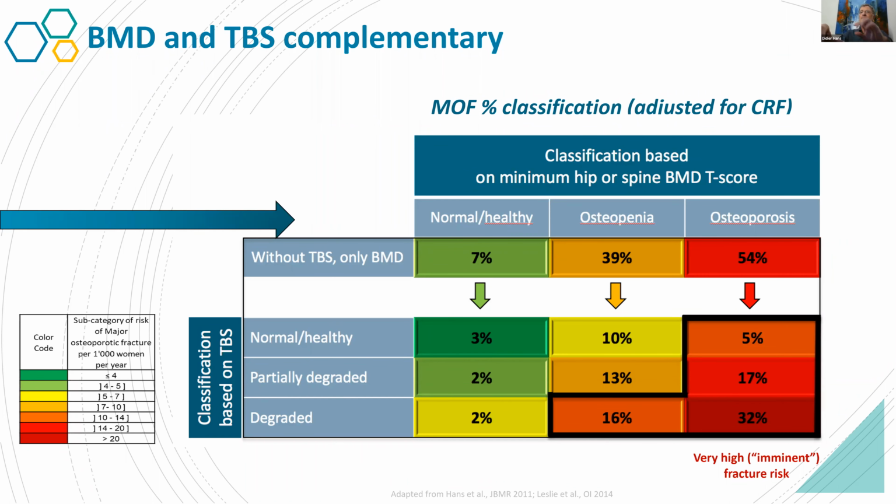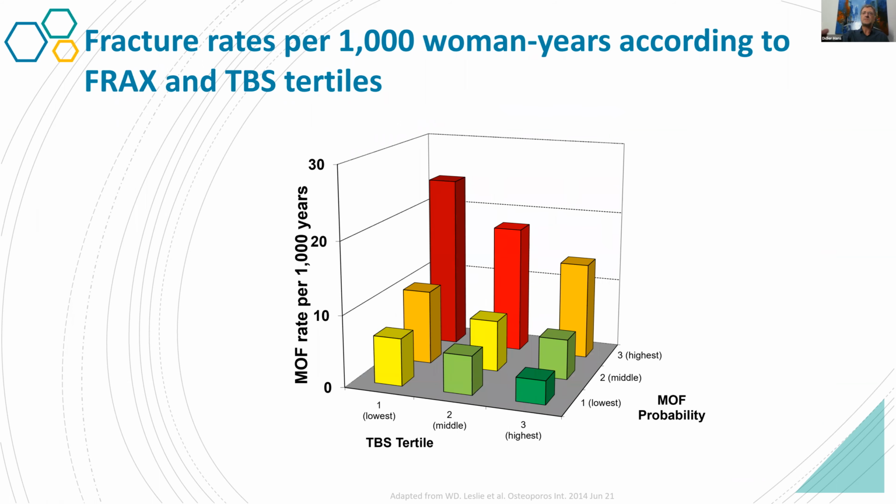So in other words, if you combine the BMD as we used to do in clinical practice, adjusted for clinical risk factors, and TBS, then you can recapture about 16% of the fractures, where you improve the accuracy from 54% to 70% in terms of identification of patients at risk of fracture.